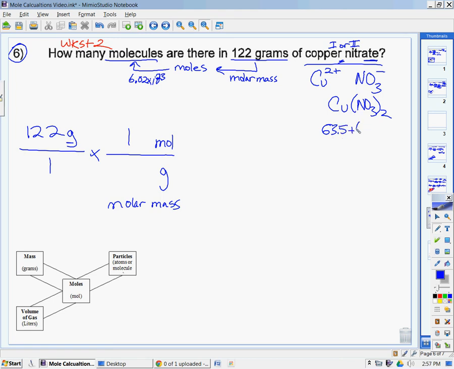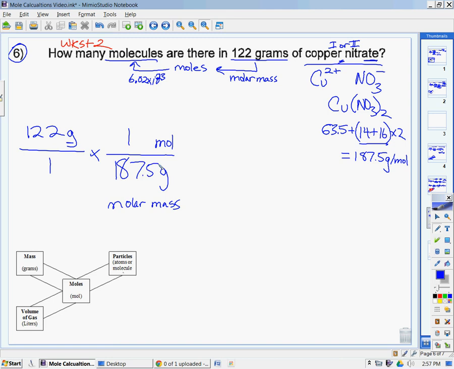So add, open parentheses, nitrogen's 14 plus oxygen is 16, close parentheses, times 2. I didn't use decimals for those two because they're pretty close to whole numbers. When you do all that math out, you get the molar mass, the weight of a mole, and that's going to be 187.5 grams. So it's 187.5 grams per mole. That's the number that goes here.